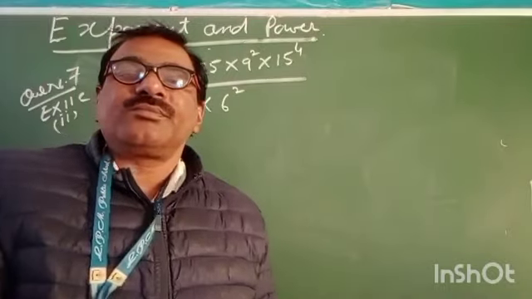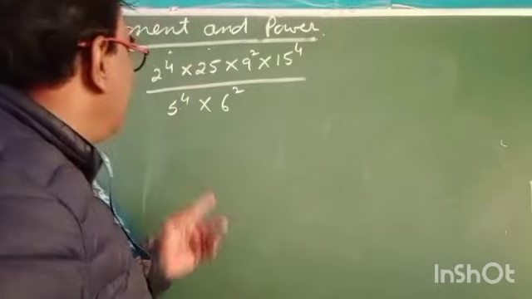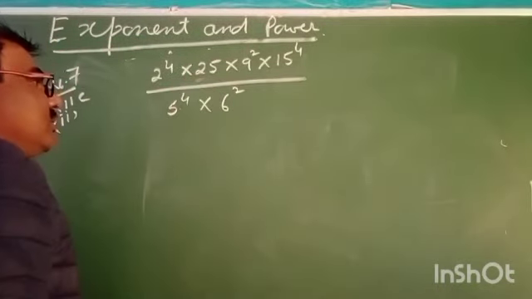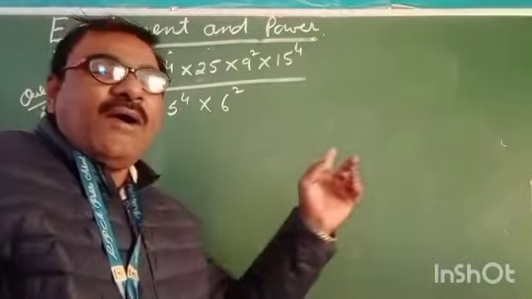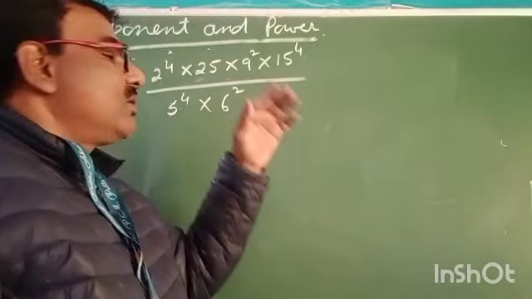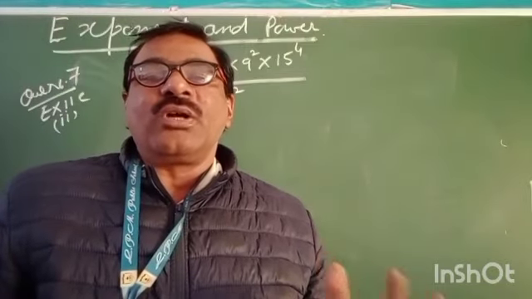So dear student, as you see here, that here is 25. So first of all, I will write 25 as a power of 5, because when you multiply 5 by 5, we get 25.